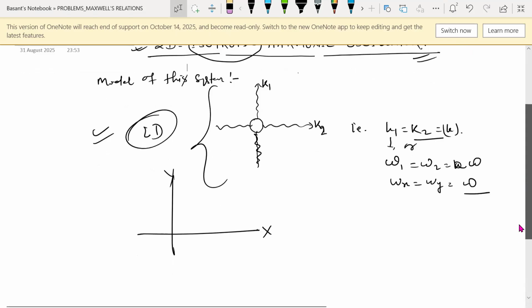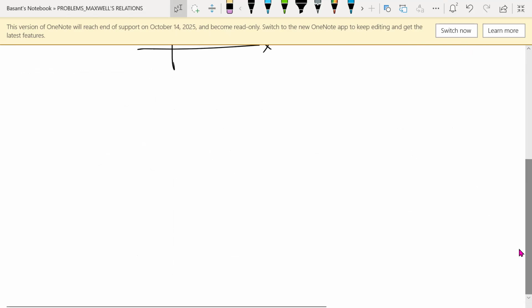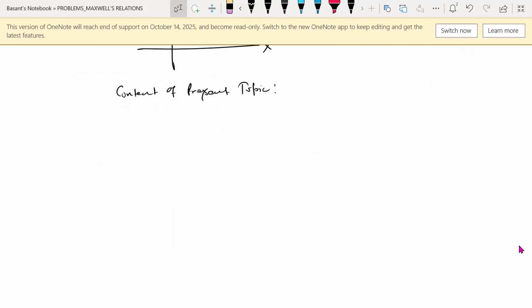Now, what we learn in this topic, the content of this topic: First, I want to know how this simplest model is represented quantum mechanically.